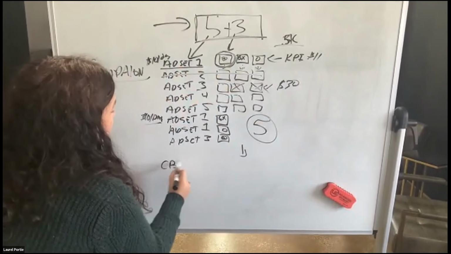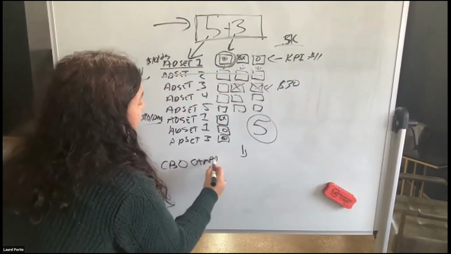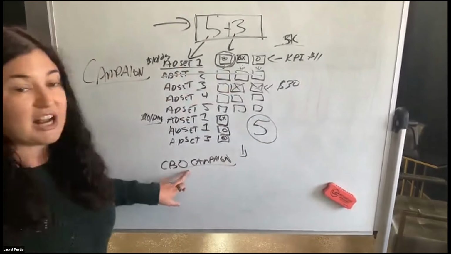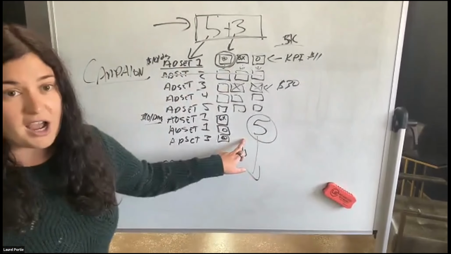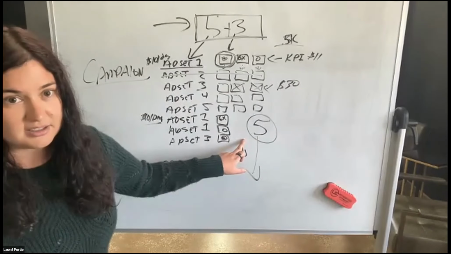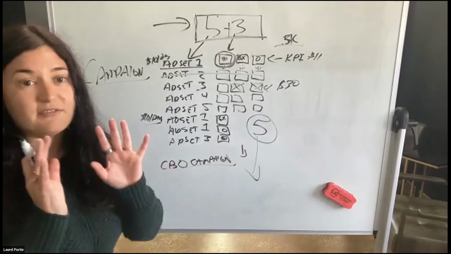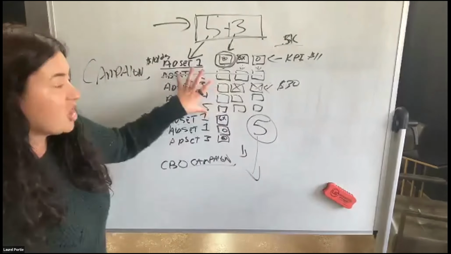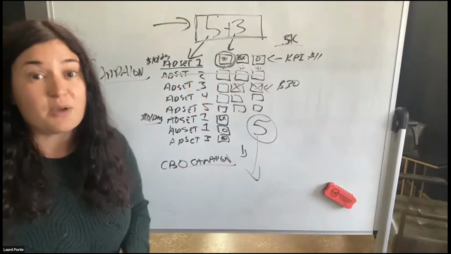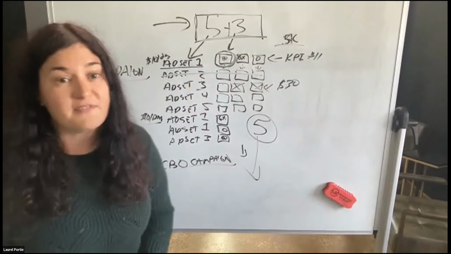I'm going to create a CBO campaign, meaning Facebook is going to optimize the budget at the campaign level. I'm going to throw those winning 5 ads and winning 5 ad sets into the CBO, and I'm going to let Facebook go to town. But you see how I overshot the budget in the first 7 days because I wanted to find my winners, and I wanted to find them fast.